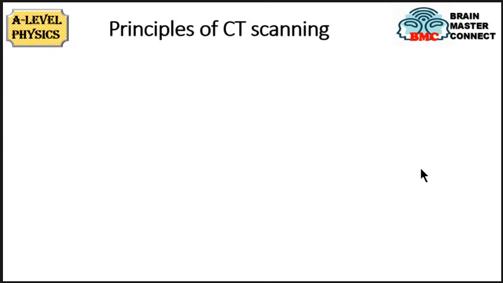Number one of such is that CT scanning makes use of X-rays to take X-ray images. Okay, so that means X-rays are used to take X-ray images, unlike X-ray scan itself, which only takes just one image. But CT scan uses X-rays to take X-ray images.